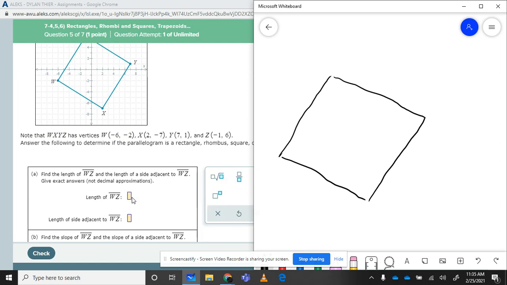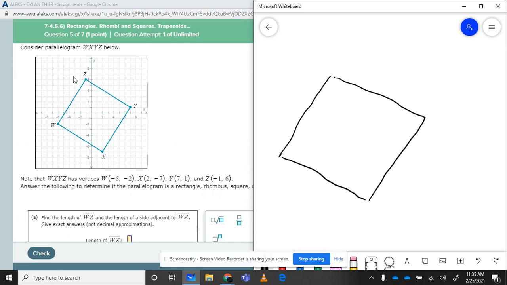So they want the length of WZ. We're going to need to use a right triangle that looks like this to get the length of WZ. Well, what are the coordinates here? This is its x distance, this is its y distance.